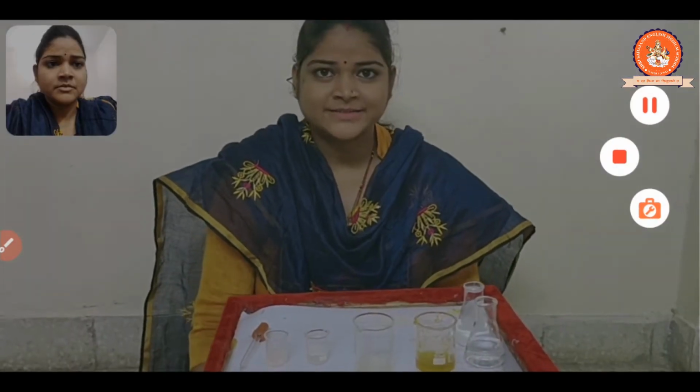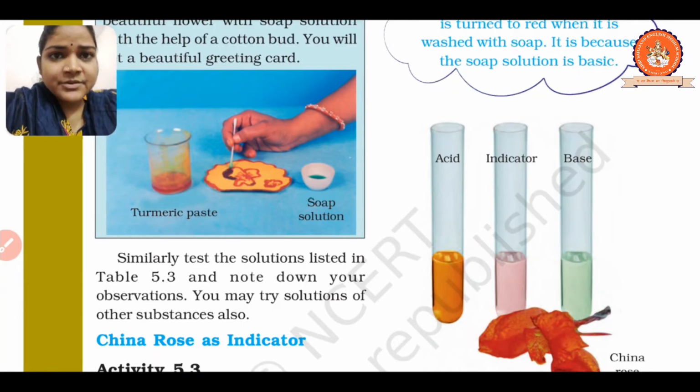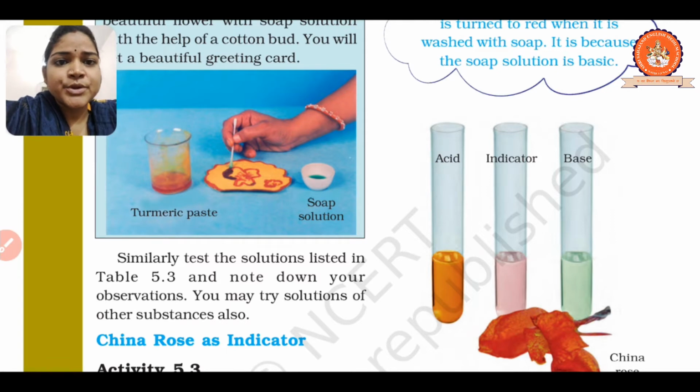It turns red. So in this activity 5.2 or experiment, we observe that if we use the acidic solution on turmeric paper, there is no change in color, but when we use the basic solution on turmeric paper, it turns red.